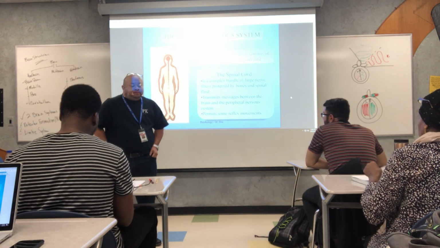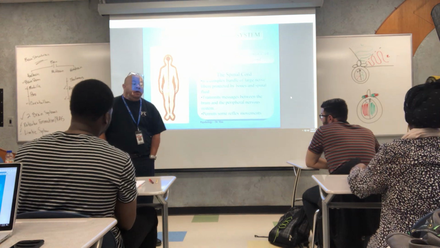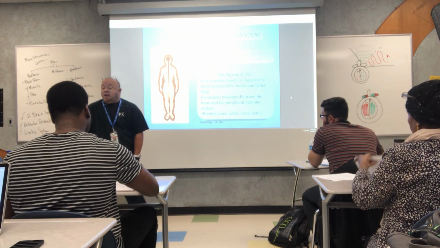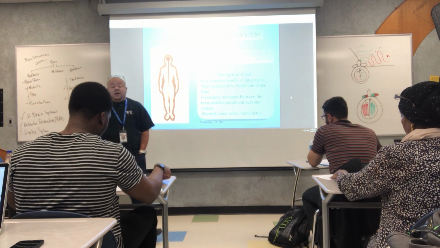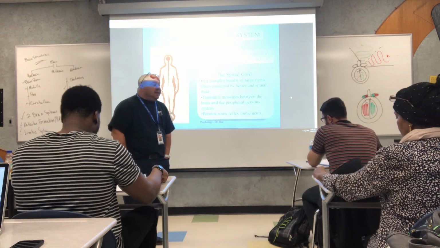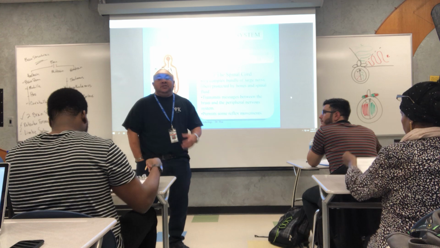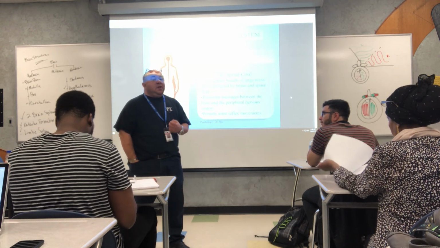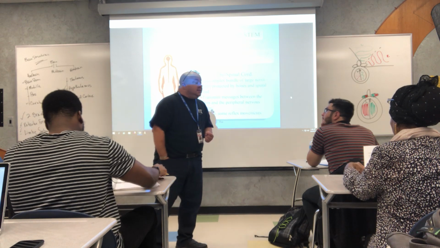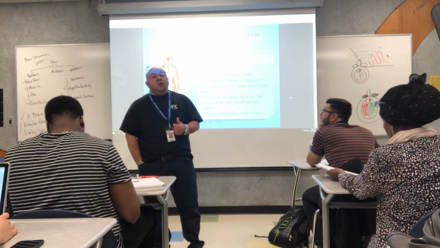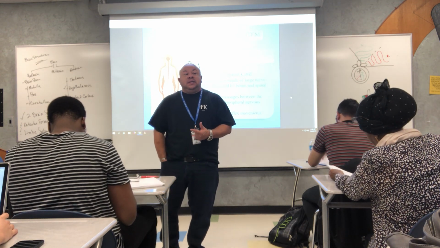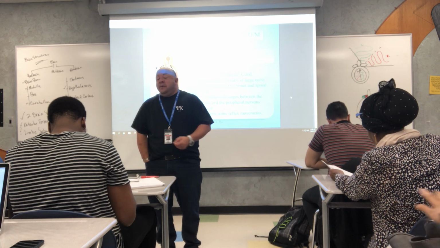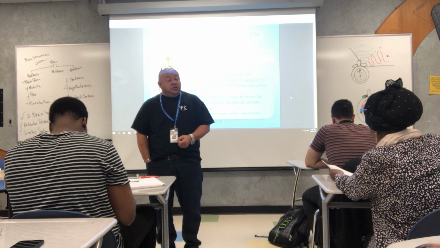So the all or none law refers to the fact that in neurons, when a neuron fires or has an action potential, it does so at full intensity and speed. So the only option a neuron has is to fire or not fire. It's like a light switch, not a dimmer, but just an on-off switch.